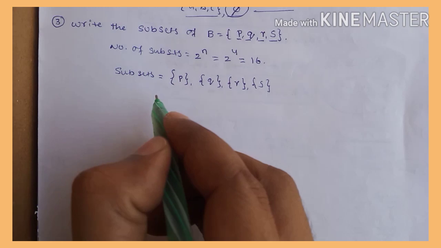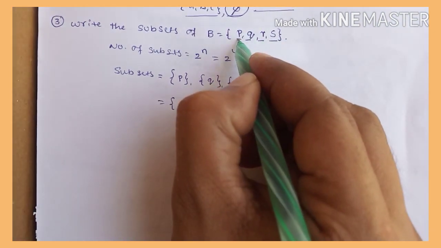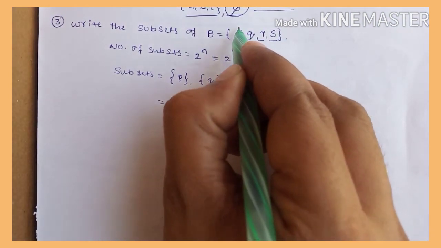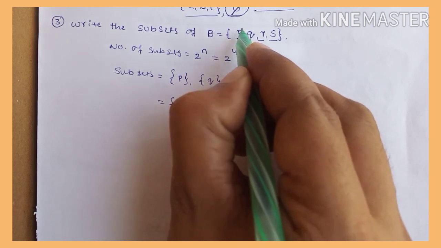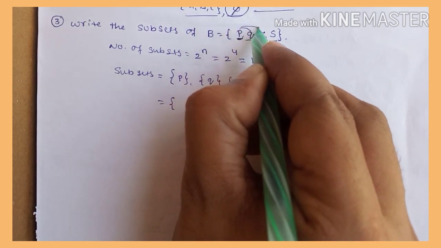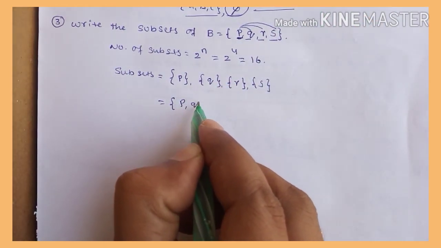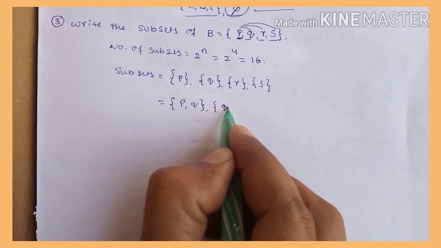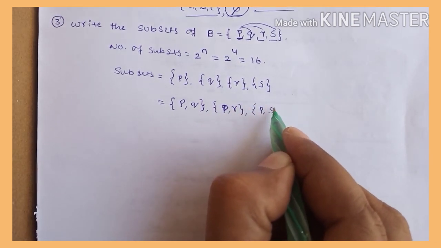Now double elements. Observe how to write the double element sets in a 4 element set. First start with p. Write all the elements combined with p: pq, pr, ps. So {p, q}, {p, r} and {p, s}.